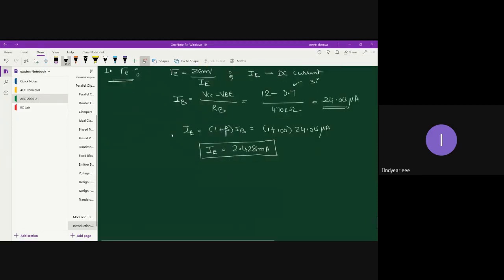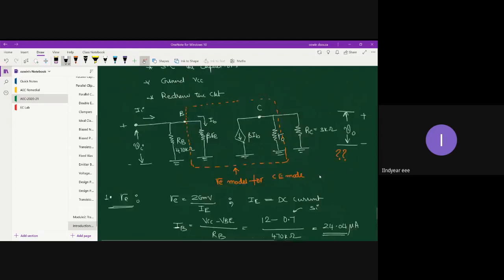Once IE is known, you can find re. re is 26 millivolt divided by 2.428 milli, which is 10.71 ohms. So that's your re.